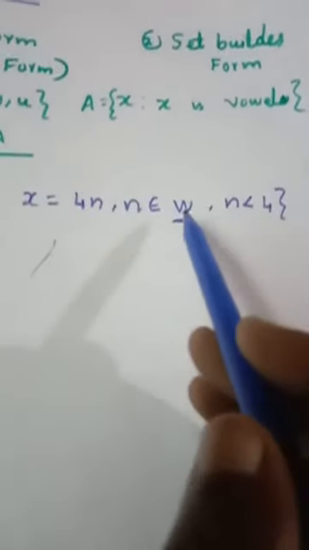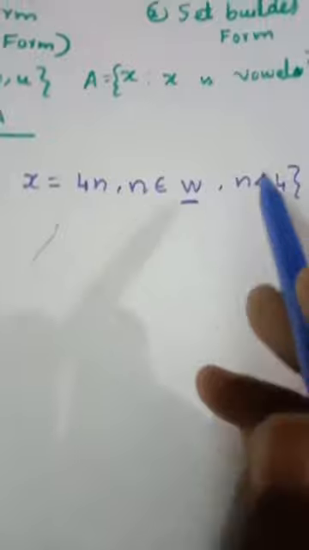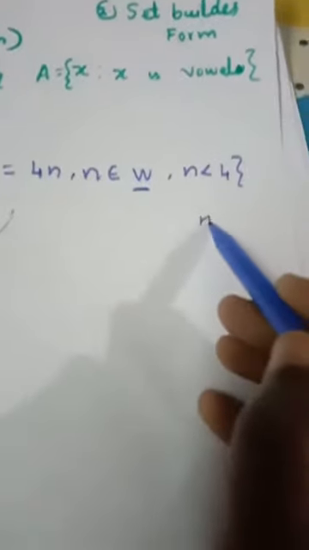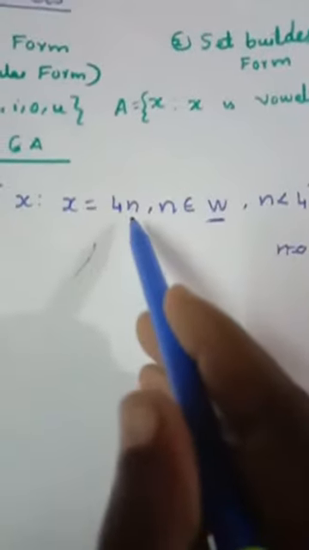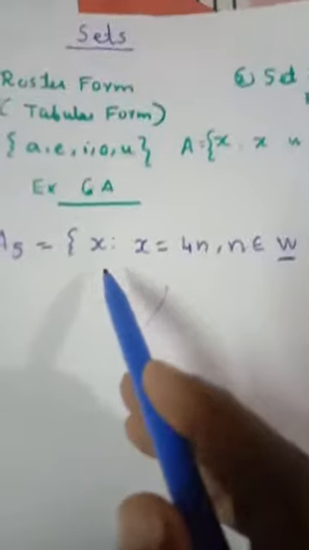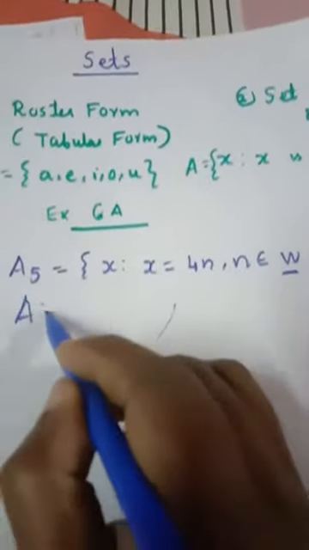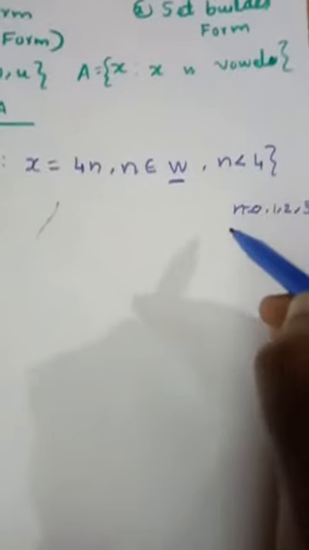So W means the set of whole numbers, and whole numbers start from 0. So n can take the values 0, 1, 2 and 3. Now our set is x, so A is equal to the set of x, where the value of x is equal to 4n.